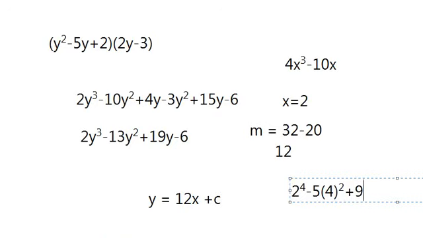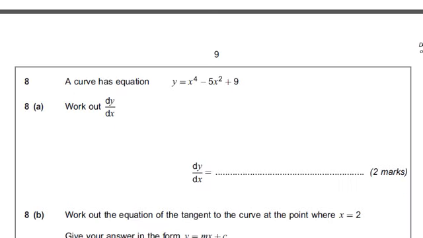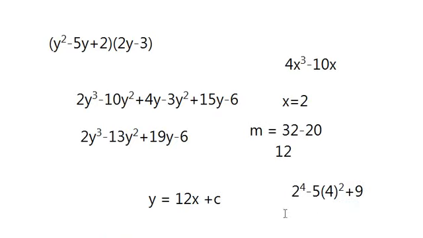So 2 squared is 4 times 5 is 20, and 2 to the power of 4 is 16, so it's 16 minus 20 plus 9. That one is a typo again, so I will fix that before you shout at me in the comments.